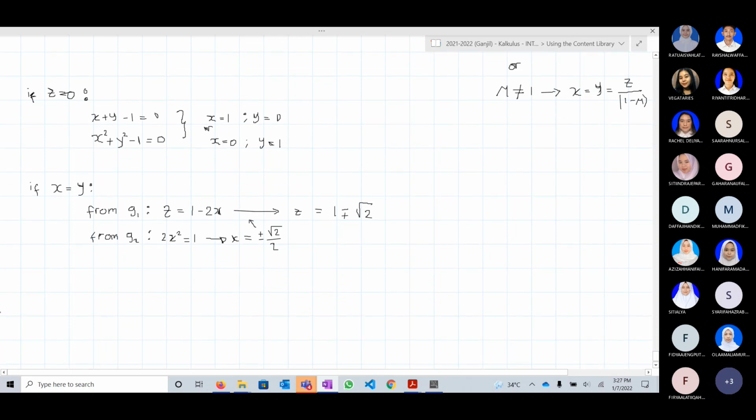So in this case, the corresponding points on the ellipse are P1, that is x is square root of 2 over 2, comma square root of 2 over 2, comma 1 minus square root of 2, and P2, that is minus square root of 2 over 2, comma minus square root of 2 over 2, comma 1 plus square root of 2.